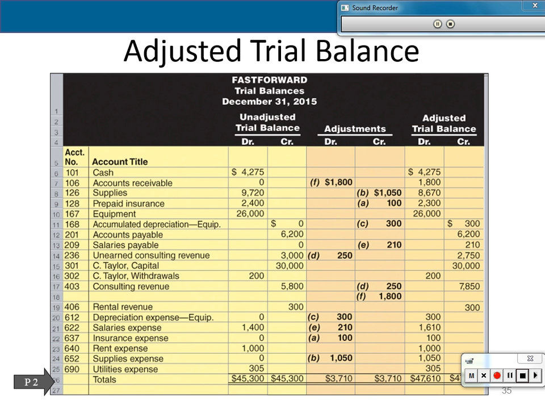We had an adjustment of how much? $1,050. So we subtract, because it's in the credit column and it's an asset. Subtract it from that $9,720 and we get $8,670. Prepaid insurance started off at $2,400. It expired $100, so we subtract $100 from $2,400. Now the balance is $2,300 and so forth.